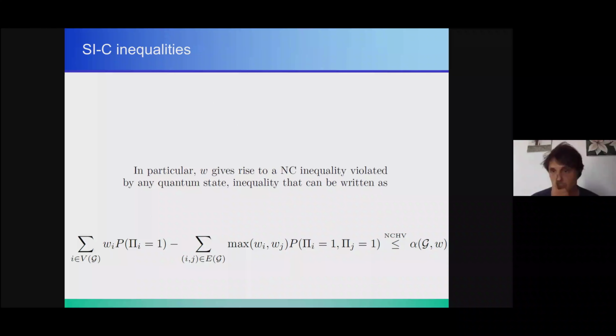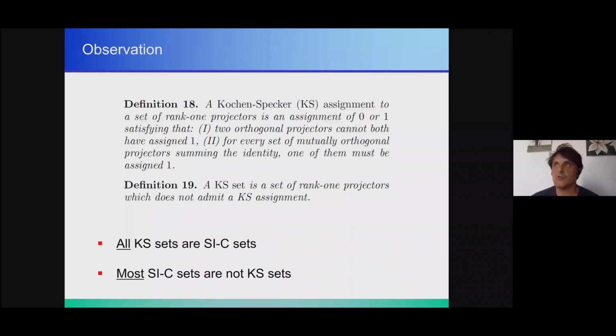Good. Some observations to compare this notion of state-independent contextuality set with more well-known notions like the notion of Kochen-Specker set of projectors. Remember that a Kochen-Specker assignment is an assignment of 0 or 1 satisfying that two orthogonal projectors cannot both be assigned 1, and that for every set of mutually orthogonal projectors summing to the identity, at least one of them has to be assigned 1.